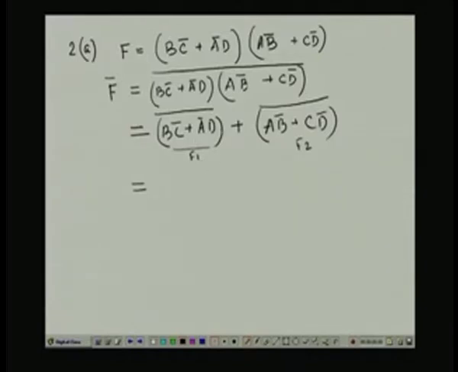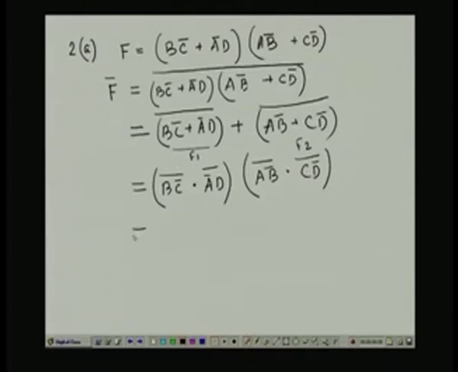Now, if we apply the same De Morgan's law, then what will happen? The first term becomes B C bar complement of that dot A bar D complement of that. Similarly, this will be A B bar complement of that dot C D bar complement of that.